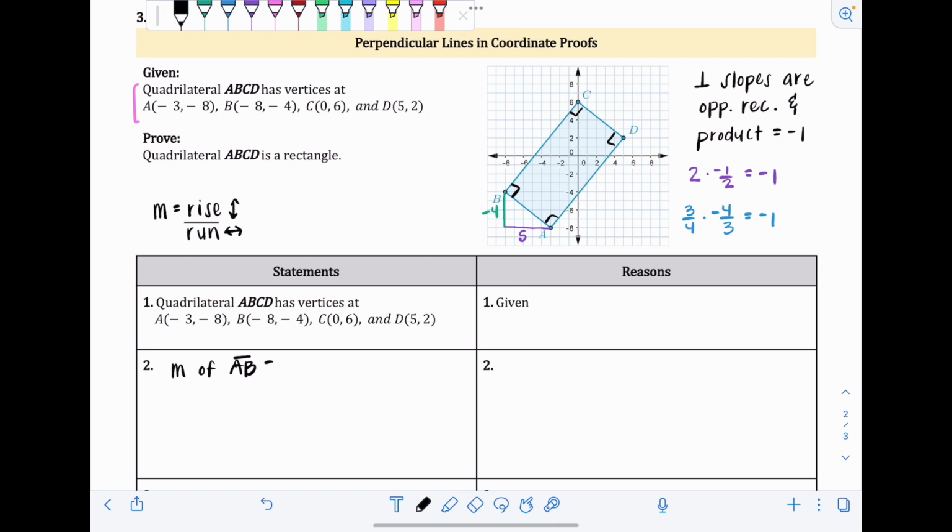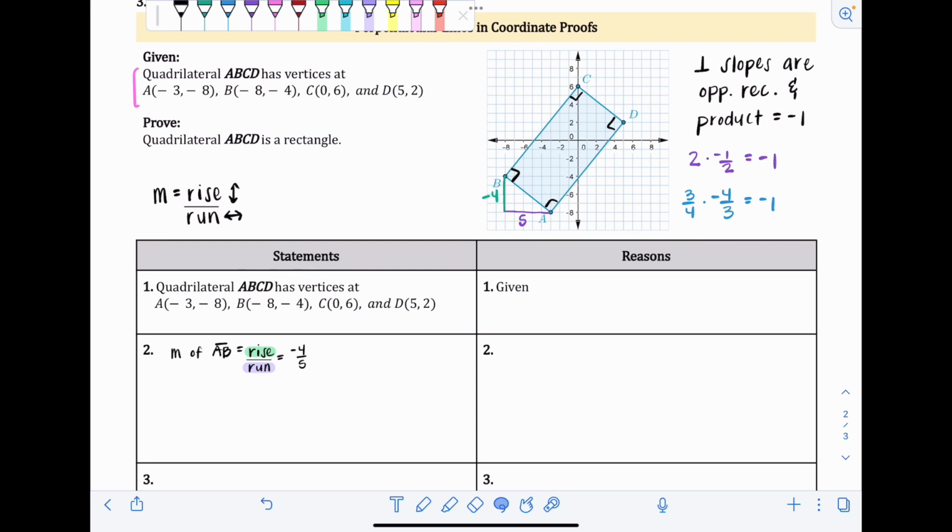So if it's rise over run, the rise is the vertical change, that's the green -4 because we went down 4, and then the run is the horizontal change, we went right 5, so it'd be +5. So the slope would be -4/5 for that first slope.